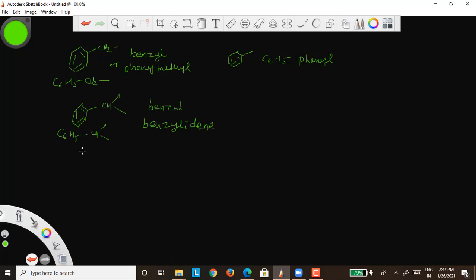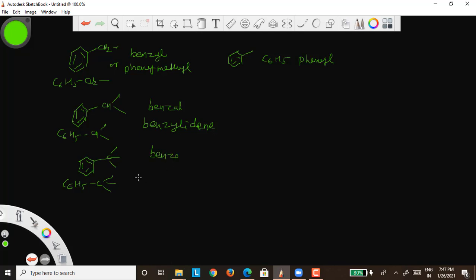Now what will happen if we replace H by one more group, means C, three groups connected. So this formula is C6H5 C connected to three groups. So this is known as benzo group.